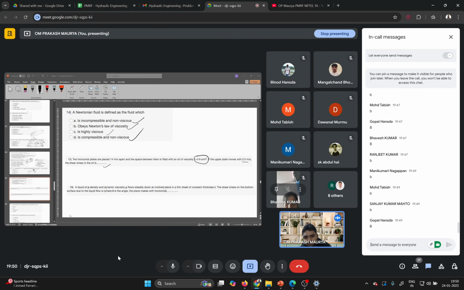Please read the question very carefully and try to solve it. The viscosity of the oil is given as 1.4 Newton second per meter square. Please write the numerical value in the chat box, whatever is coming.